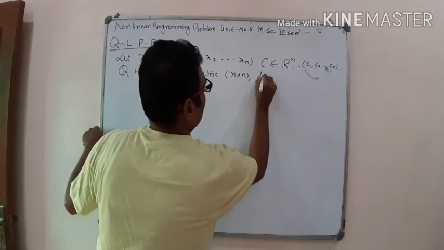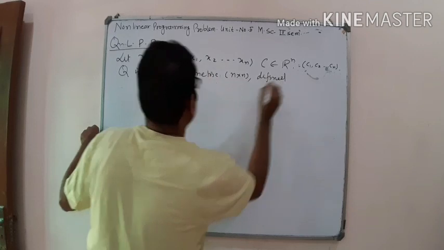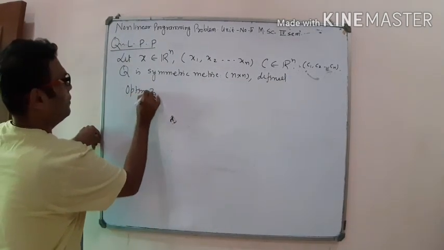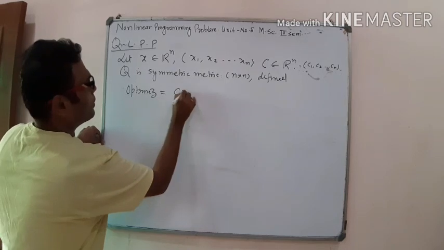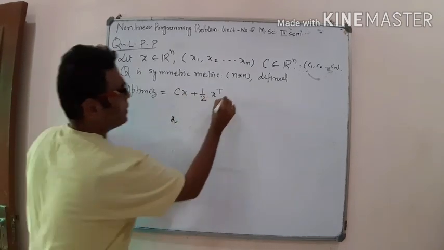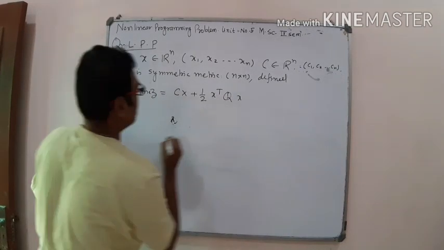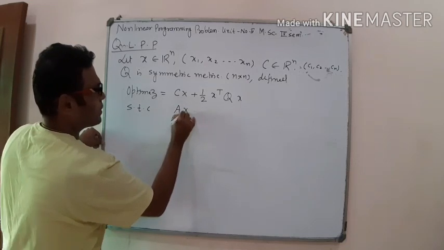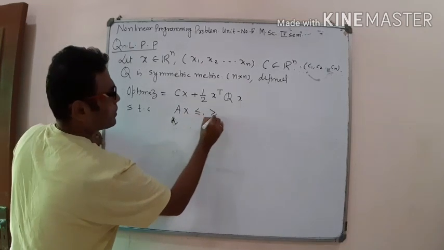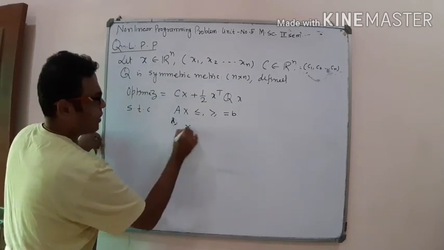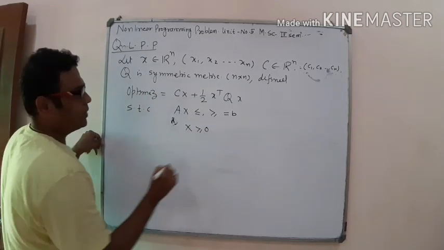Defined by optimizing z equal to Cx plus 1 by 2 x transpose Qx, subject to the constraint Ax less than or equal to, or sometimes greater than or equal to, b, and all x greater than or equal to 0.